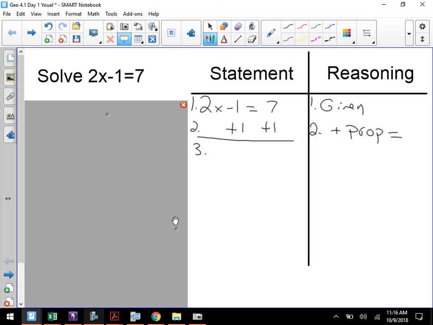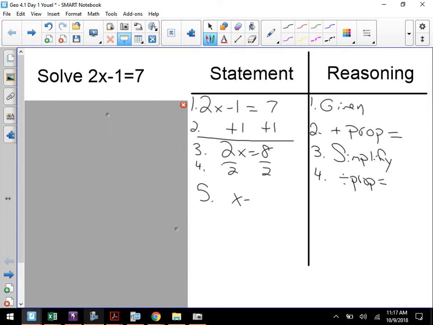Very good, very good. And then last but not least, and this one is solved. Very good.